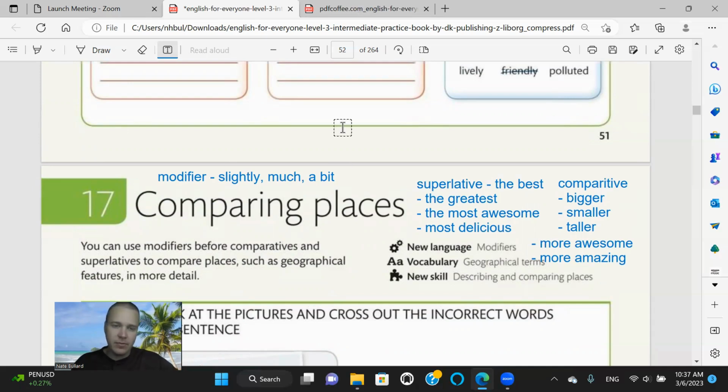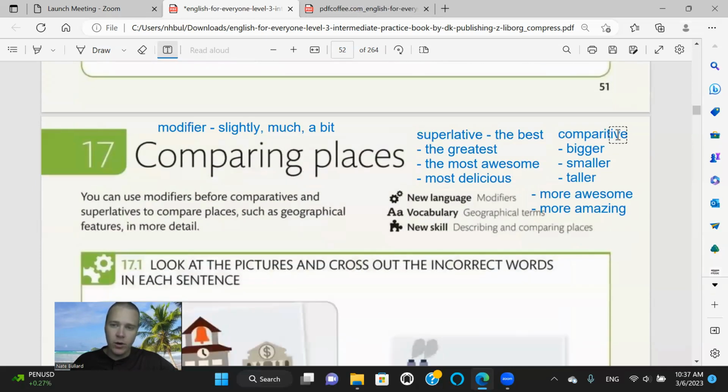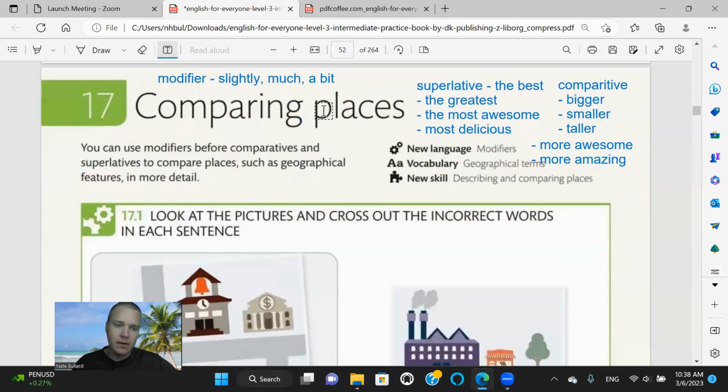They are words that modify the word that comes after it. Okay, they tell us a little bit more specifically. They describe the relationship or the situation or whatever a little more specifically.